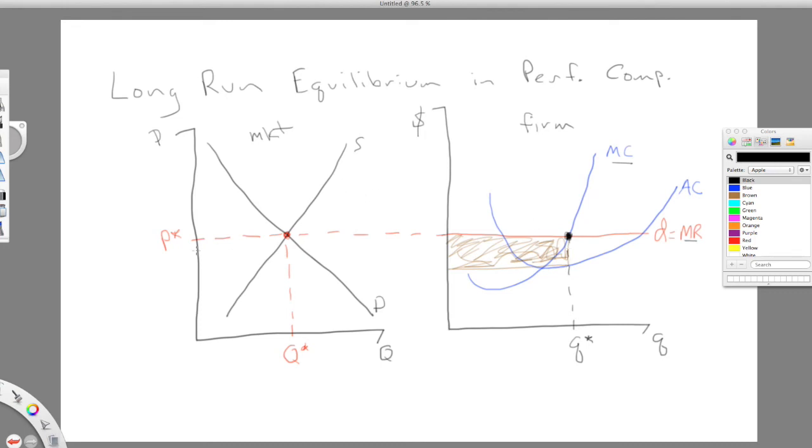Now the question here has to do with long run equilibrium. This is a situation that can persist in the short term. To talk about the long run, it's important to remember that these costs, marginal cost and average cost, are calculated at their full opportunity cost values.